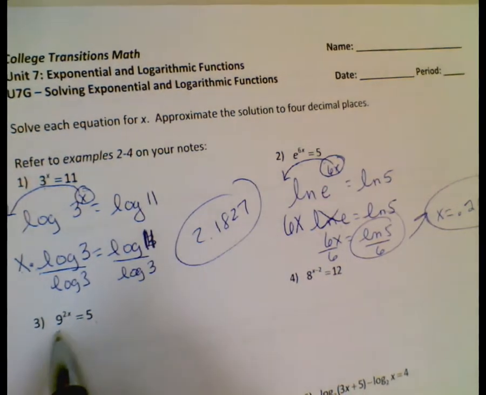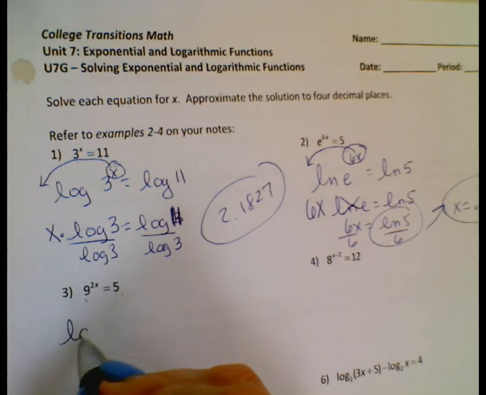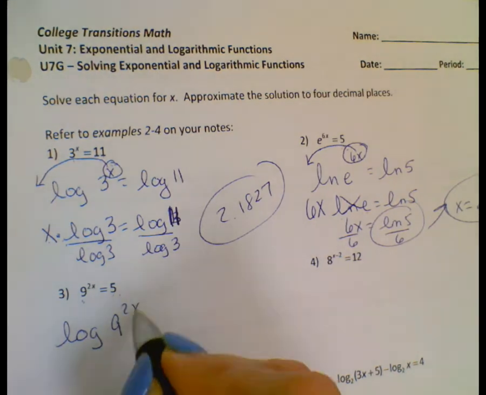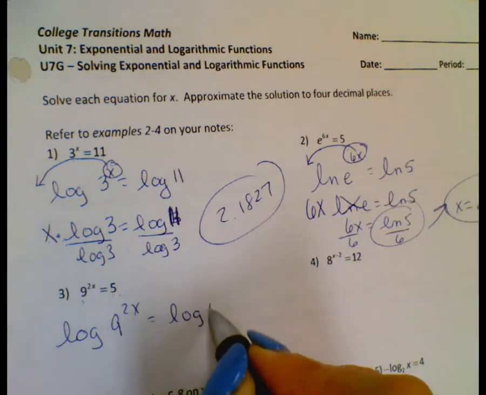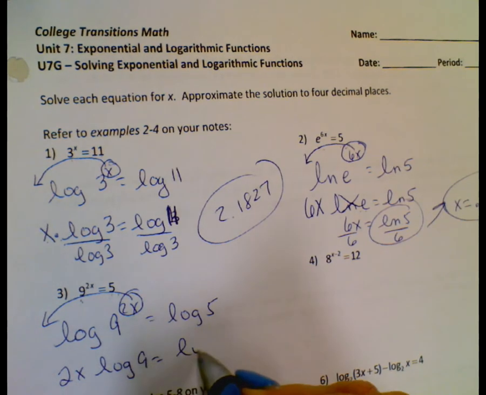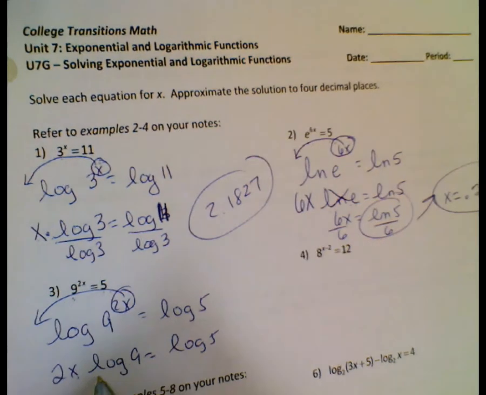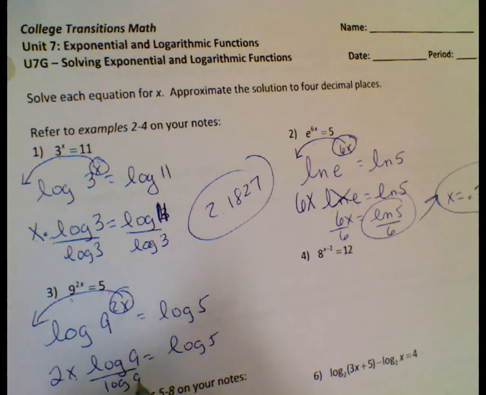Can you put 9 and 5 in the same base? I can write 9 as 3 squared, but that's still not the same as 5. So we're going to take the log of each side. Bring the 2x out front. Now we're solving for x, keep that in mind. So we're going to divide first by log of 9.